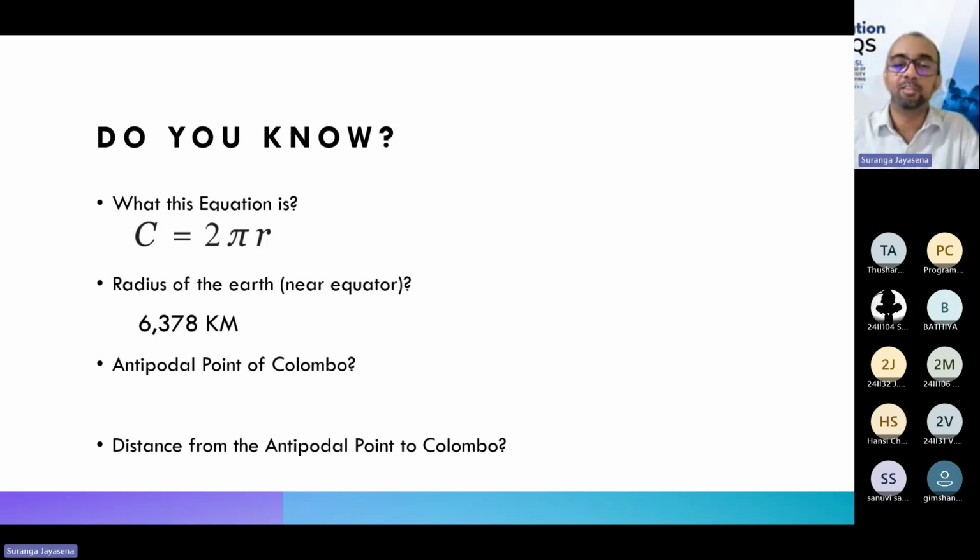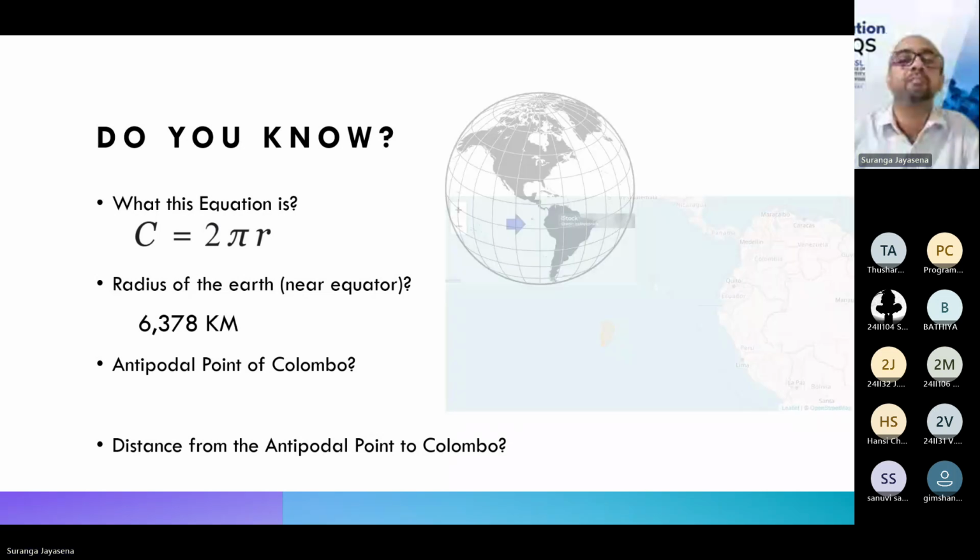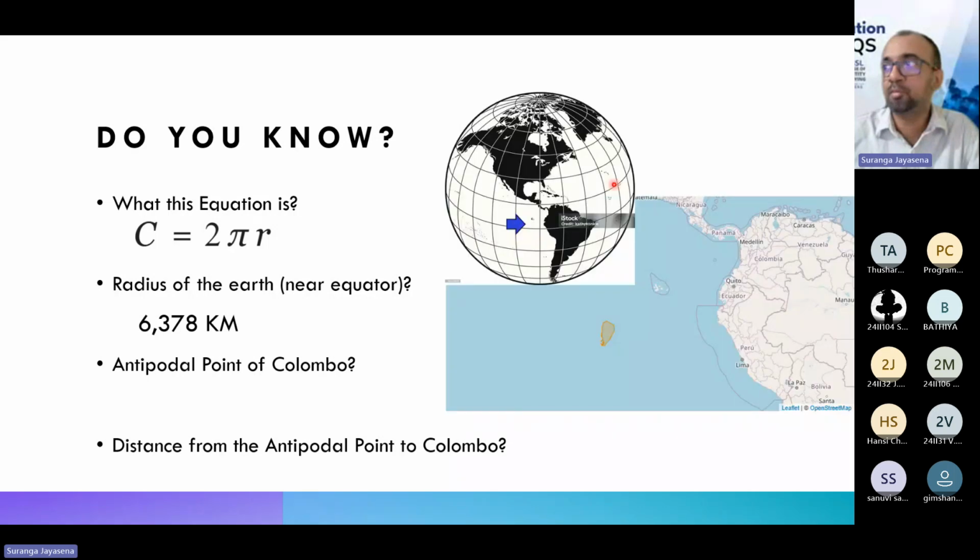Interestingly, it is quite closer to land. There is a website you can actually search for antipodal points of various different places. When you search for that of Sri Lanka, you can see Sri Lanka is upside down here because that is the antipodal point.